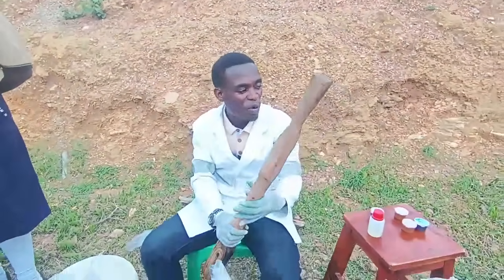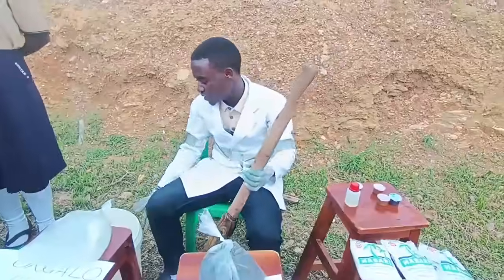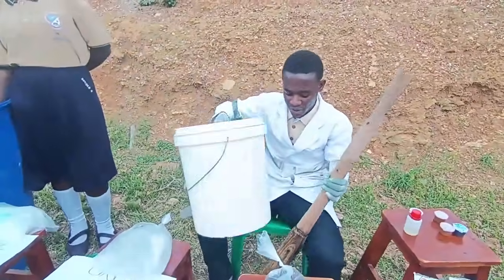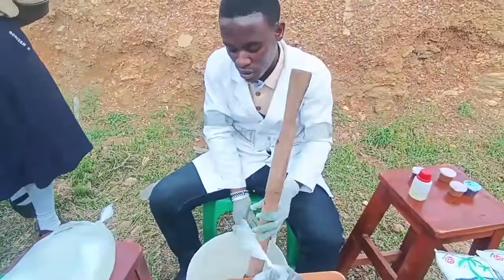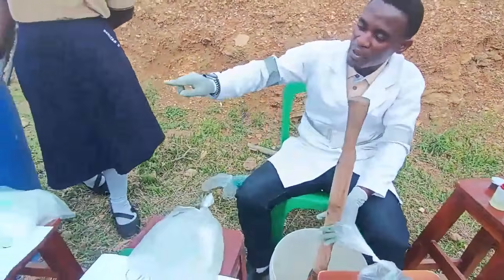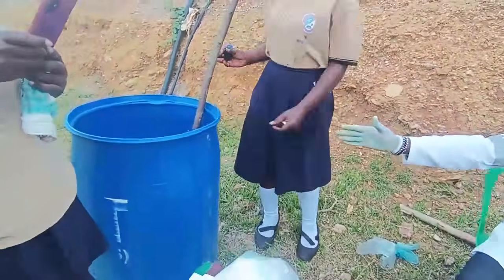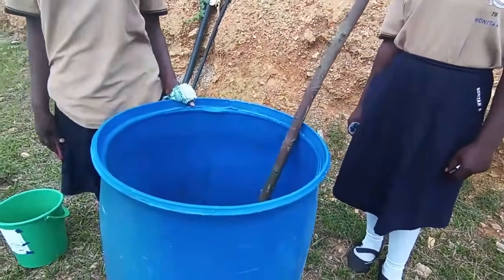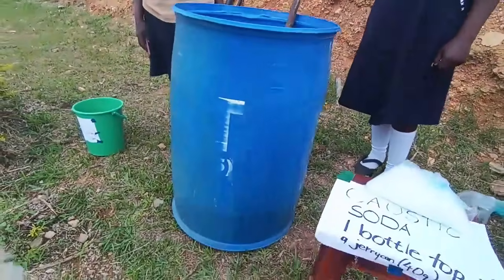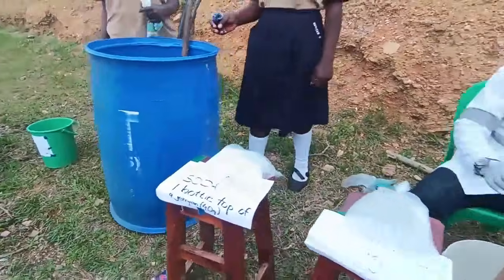I believe you can make your own. Then you need a bucket. Everything is going to happen from this bucket, and later we shall dissolve into a bigger drum. I believe you can see we have a big drum here, the one that can accommodate 40 liters.